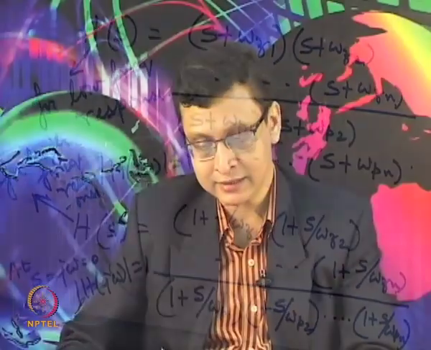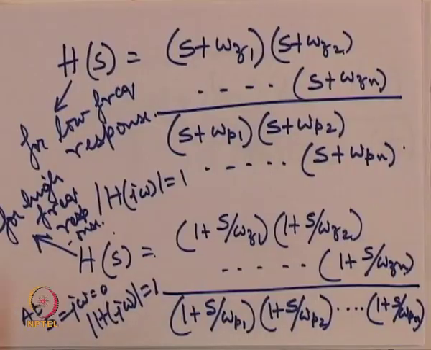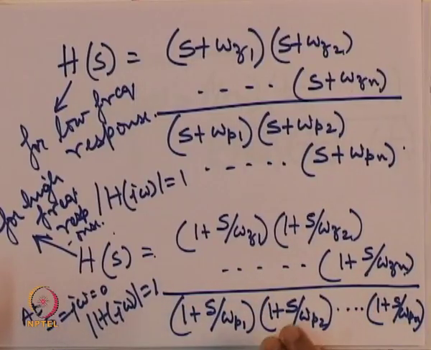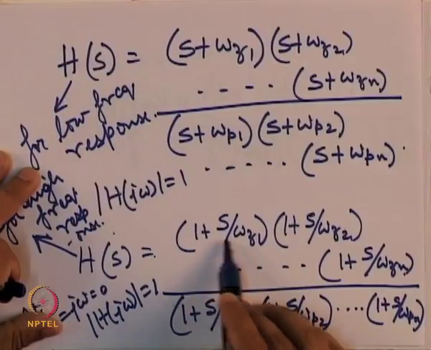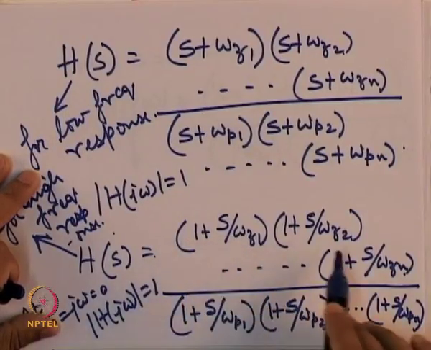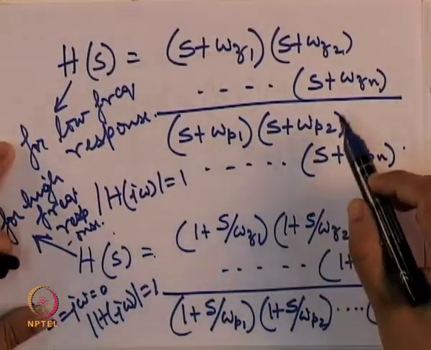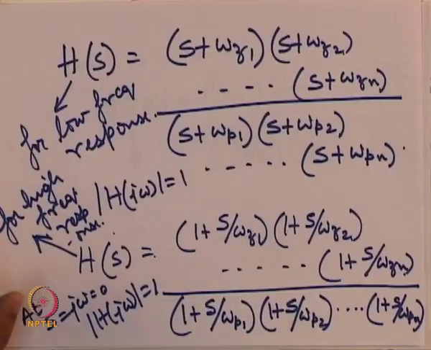The difference arises due to the difference in the values of the omega z's and the omega p's. Depending on how you design your omega z's and omega p's, you will get a different transfer function, because we can just take omega z1 here and then solve for this equation and we will get a similar transfer function like this, or we can also reduce this transfer function to a form like this.